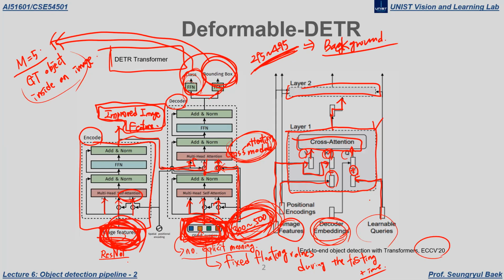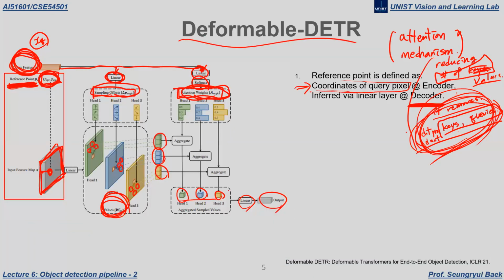And we have the XY coordinate for this image feature, but object queries, when doing this, there's no spatial meaning for object queries, right? So for the decoder, for each individual query, we infer reference point using some linear layer again, okay?